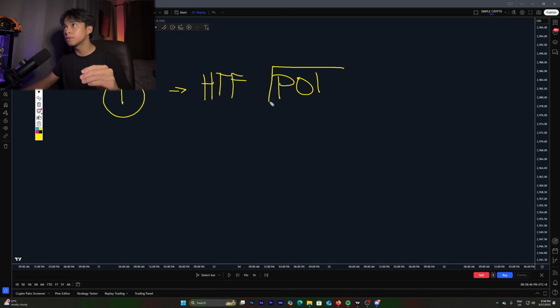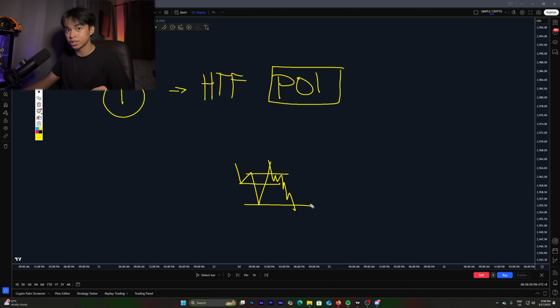This is one of the most crucial aspects that you guys need to follow, because if you don't have a higher time frame point of interest, you're just trading this one right here blindly, and that is probably why you guys are hitting a lot of your stop losses. Hey, let's be real. Sometimes you will probably have a slight rejection and you think it's working, but in the end you would just hit your SL. So that is one of the most important things that you have to look at.